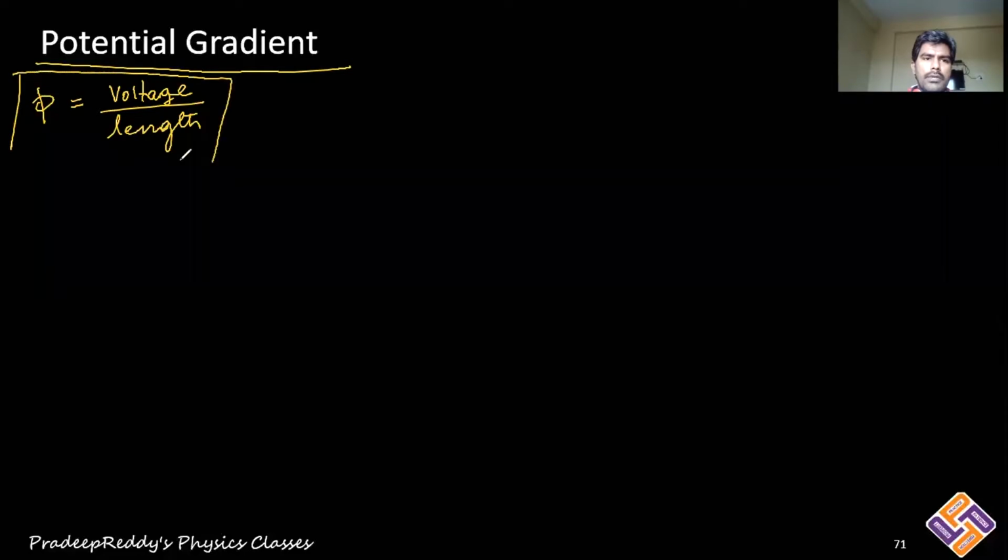Students, in the previous video lecture, we have defined what is potential gradient. Potential gradient is voltage dropped per unit length, and the unit of potential gradient is volt per meter.